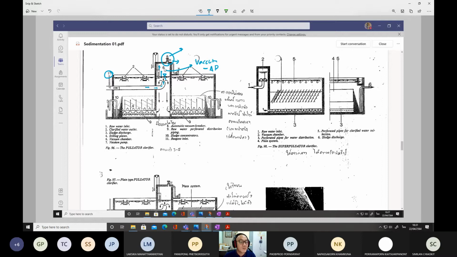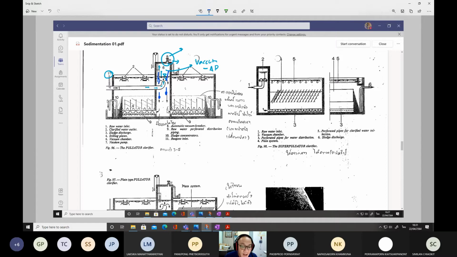Once the pressures inside and outside are the same, with the gravitational force, all this water will move down. This is how it works.